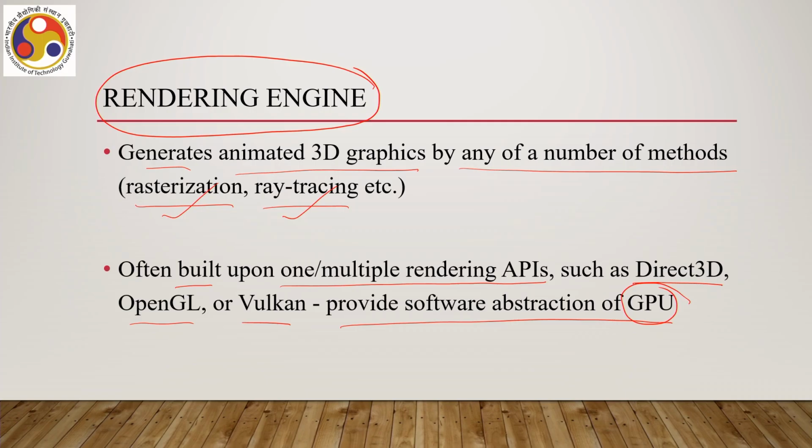So, we can roughly say that if we create a stack of different layers, then the lowest layer is the hardware. On top of it lies these rendering APIs that can be considered another layer such as OpenGL.